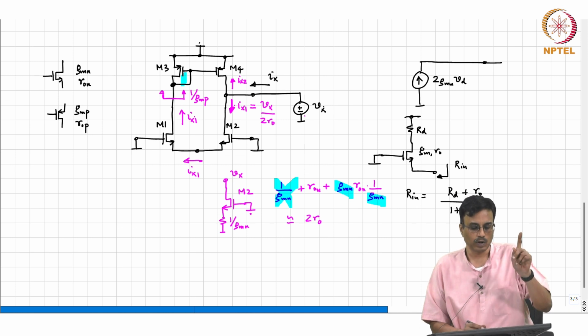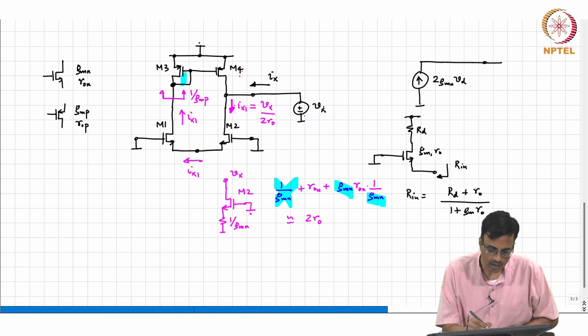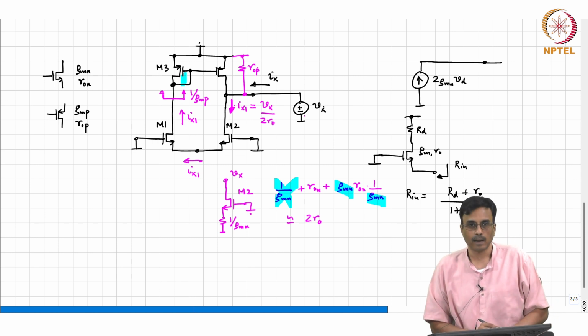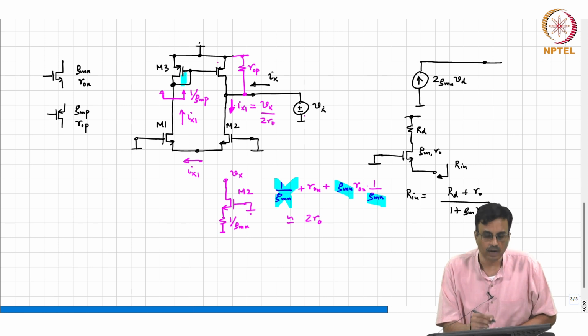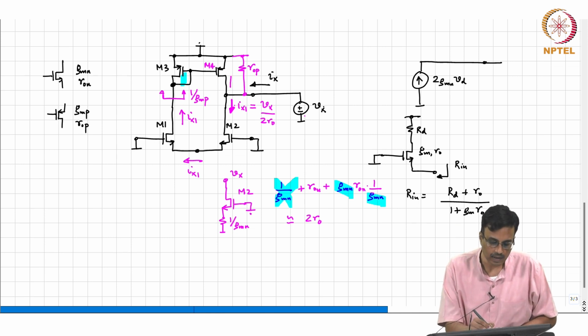So Ix1 goes into M3, and M4 also. M4 is a little bit tricky, you have to be careful, because you can think of M4 as an ideal MOSFET without output resistance, and ROP in parallel, correct. The gm part of M4 will give you that Ix1, right.